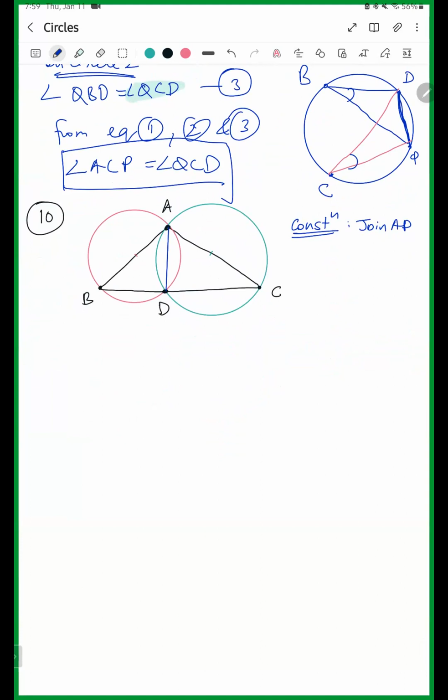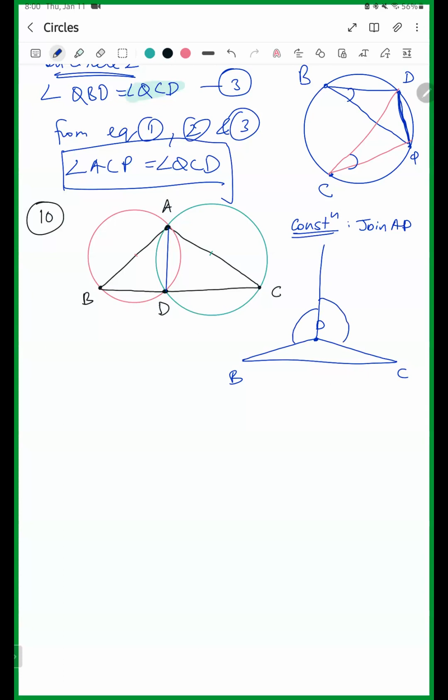If you're supposed to show that a particular point lies on a line, see, if you have a line over here, and this is B, this is D, and this is C, and you need to prove that this point is on BC, then what you can do is find this angle and this angle.